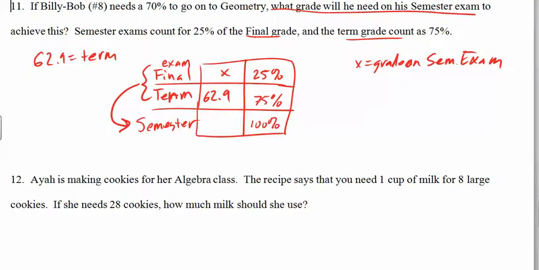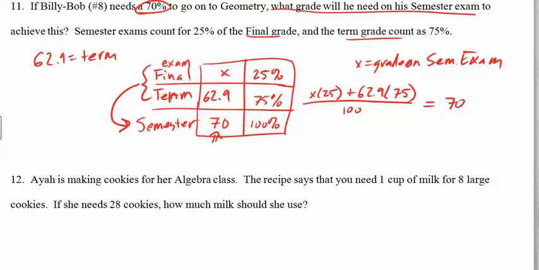So we're going to go x times 25 plus 62.9 times 75, just like I would with any other weighted average, and then I need to divide by the total weight, equals my semester average. Now he needs a 70%, so that's the question. What does he need on the semester exam to get that 70%? So semester needs to be 70, so let's make it 70. So from here, you should be able to solve for x. We're going to multiply both sides by 100.